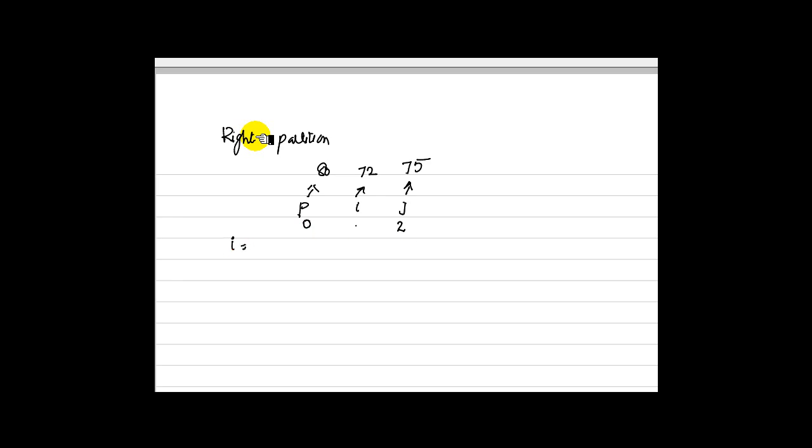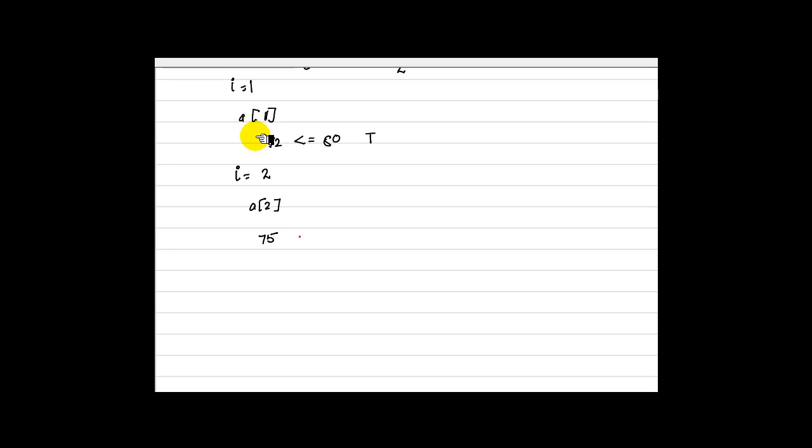Now I is equal to 1 checks whether A of 1 is less than or equal to the pivot element 80. A of 1 is 72. So 72 less than or equal to 80, it is true. So I gets incremented by 1, so I is equal to 2. A of 2 is 75. 75 less than or equal to 80, it is true.